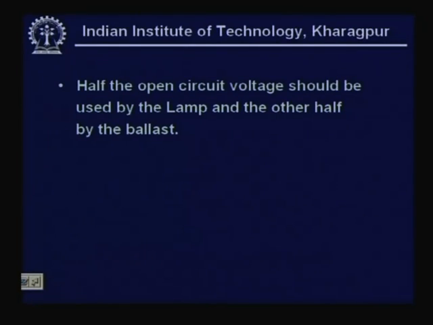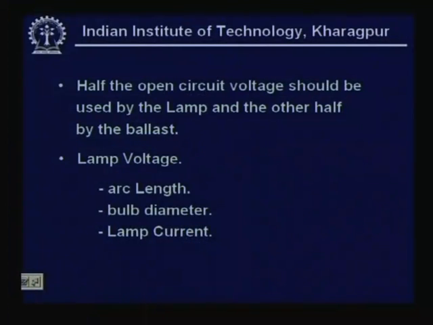Now, here what is done is, if you have a certain open circuit voltage, we rate it such that the discharge occurs using half the open circuit voltage. That is, our lamps operate on 230 volts, so we expect around 110-120 volts to be the drop across the arc, and the rest across the ballast. Ballast is required to boost the voltage across the two electrodes so that there is a discharge.